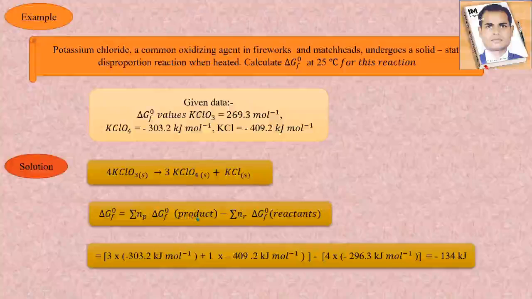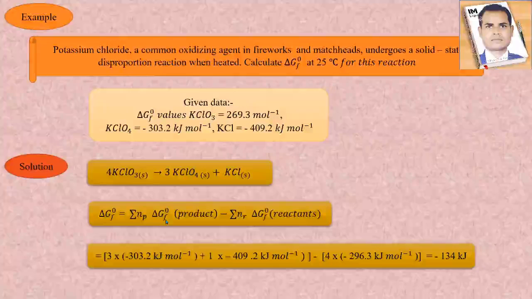P stands for the product and R stands for the reactant. Now we have the reaction and the data, so we put these values into this equation, first of all for the product.